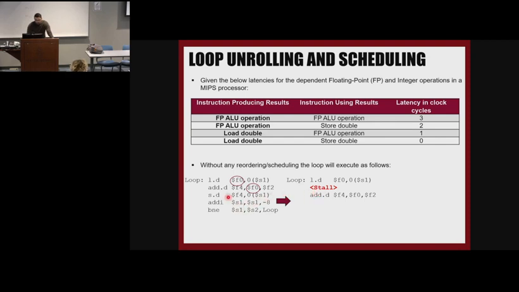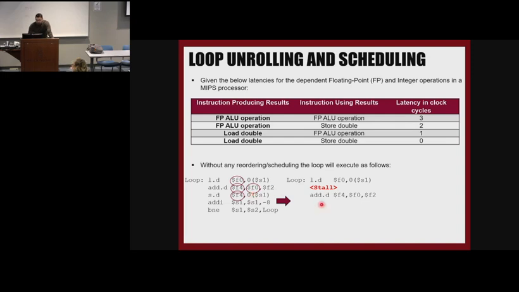Okay, now let's look at the next instruction. There's another dependency right here. We'll be adding into F4, the result is going to be stored in F4, and then we want to store F4 to the memory. This is the other dependency that we have here. If I look at the table, it's a floating point ALU operation followed by a store double. The instruction producing the result is add, and the instruction using the result is store, as you can see here.